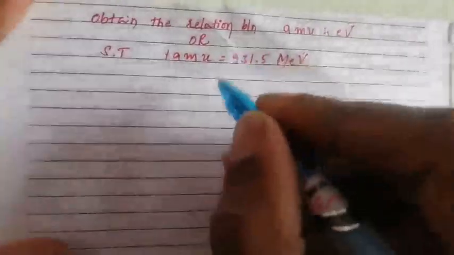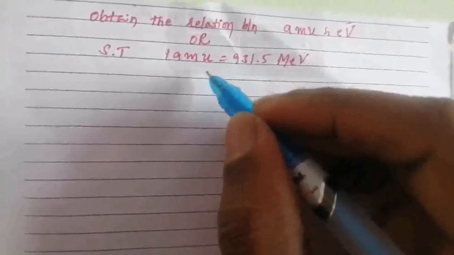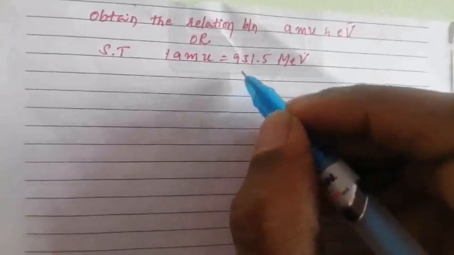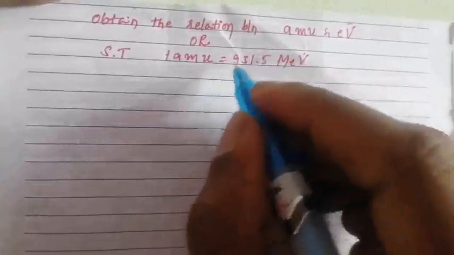Okay, next one. Obtain the relation between AMU and electron volt, or show that one atomic mass unit is equal to 931.5 mega electron volt.